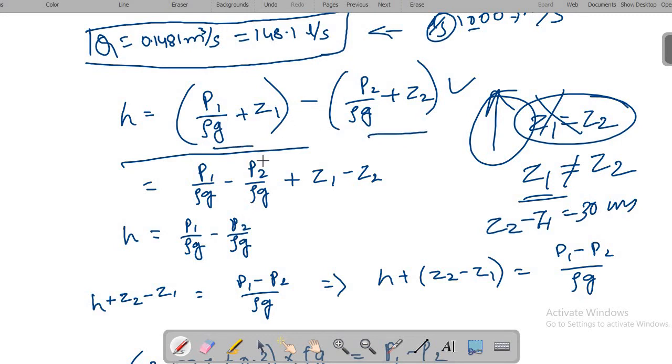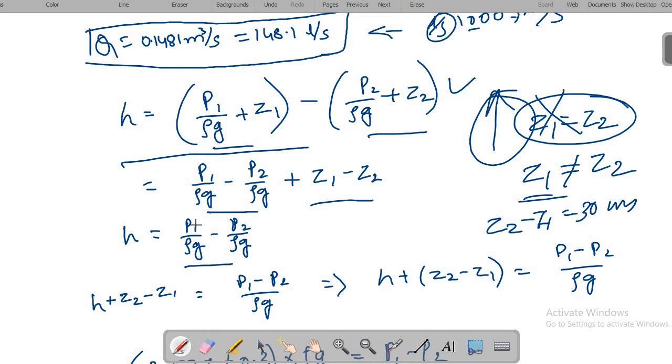So I will segregate the terms of P1 and P2, Z1 and Z2: P1 by rho g minus P2 by rho g plus Z1 minus Z2. I have to calculate the P1 minus P2 value, so I will take the unknown on the left side and the known things on the right side.